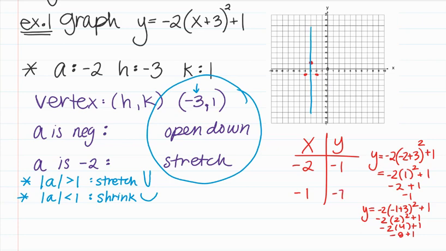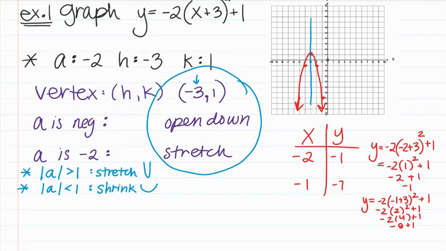So (-1, -7), and then again, we have a reflection. Do your best to connect those points. And there we have our parabola. Let's look at another example.